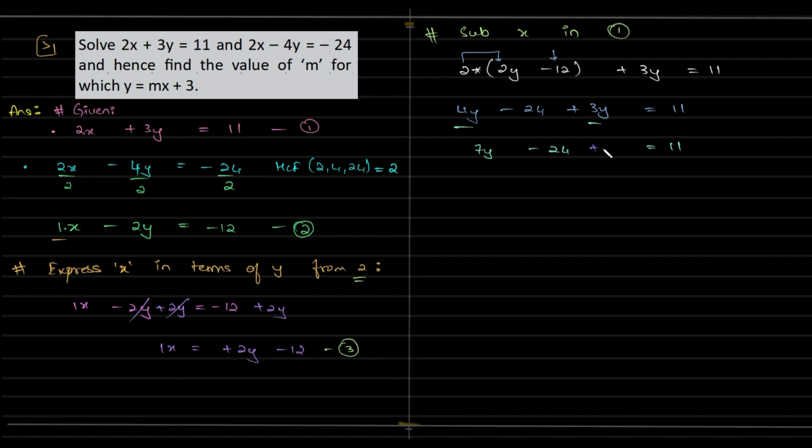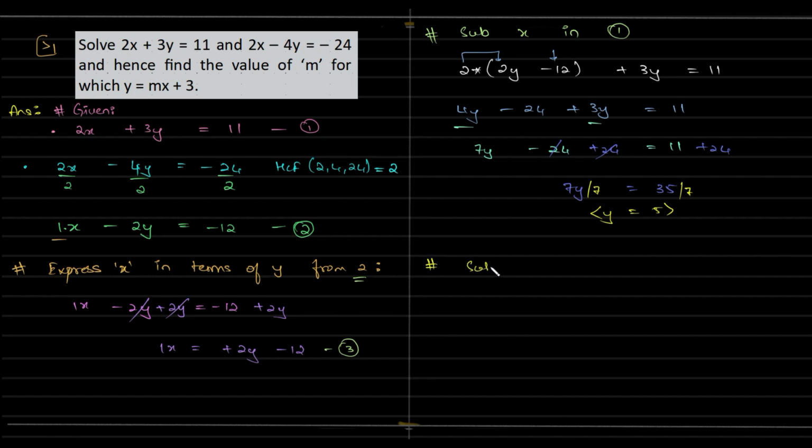We add 24 on both the sides. 7y is equal to 35. So 7 and 7, y is equal to 5. We got the value of y. Easy.